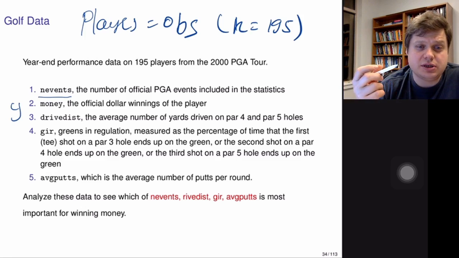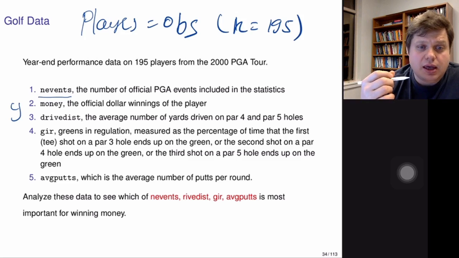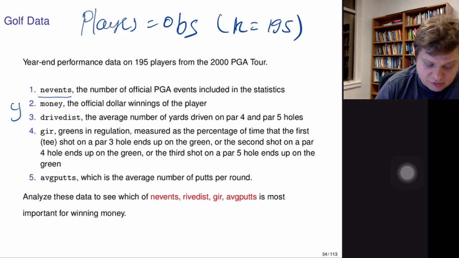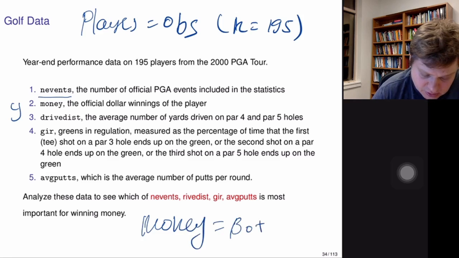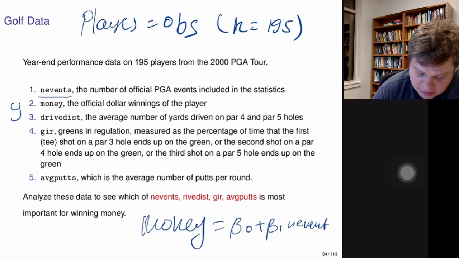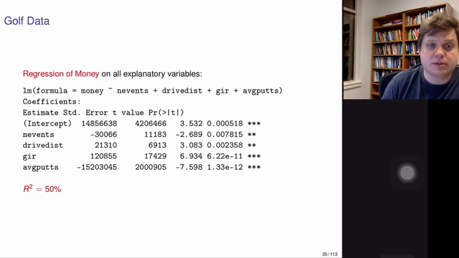Average putts is the average number of putts per round. Now we want to analyze the relationship between all of those variables and the money variable. The y variable is going to be money, the prize money, and we regress it on the number of events. Actually, all the variables that you see on the screen will be used in the regression model.